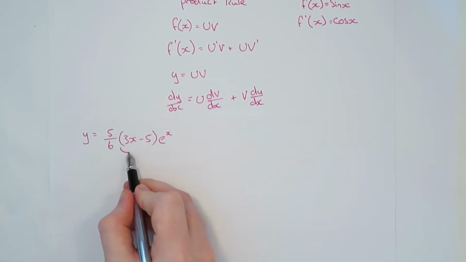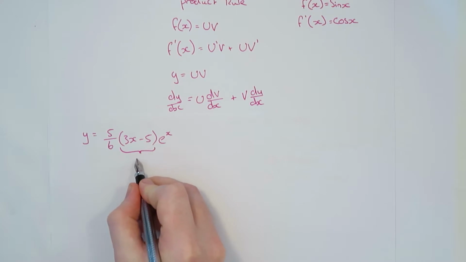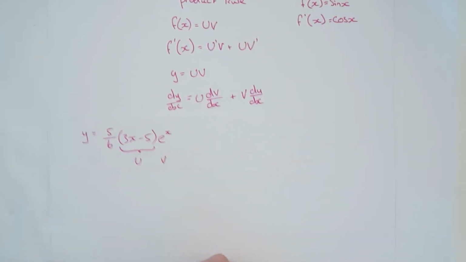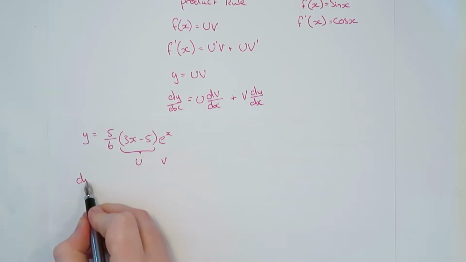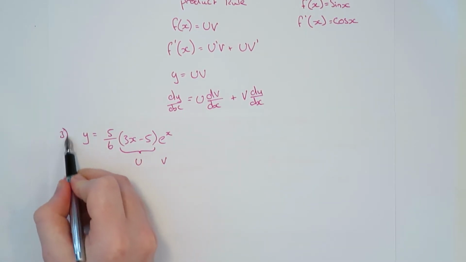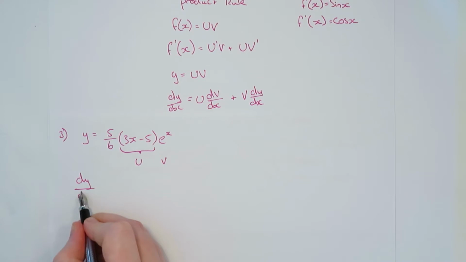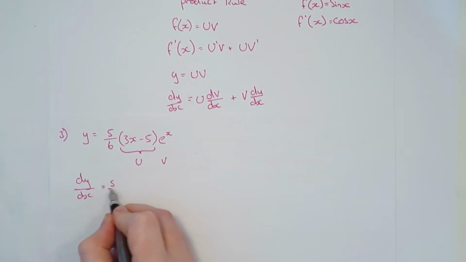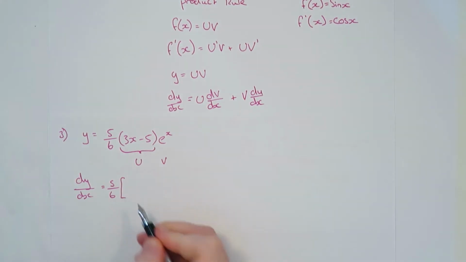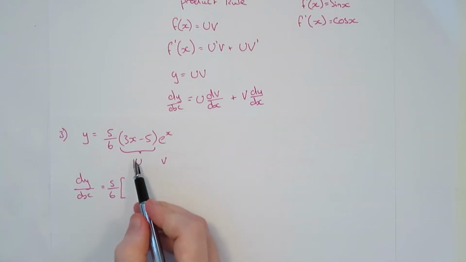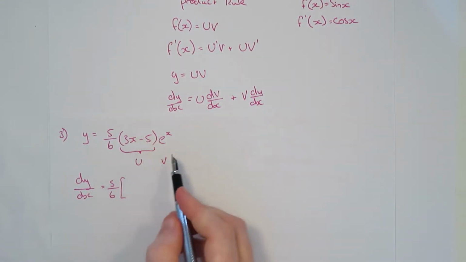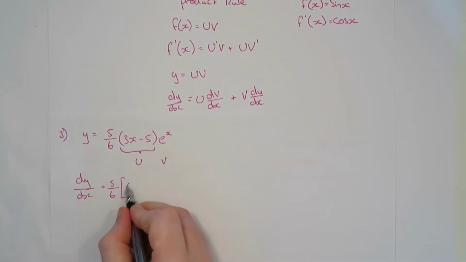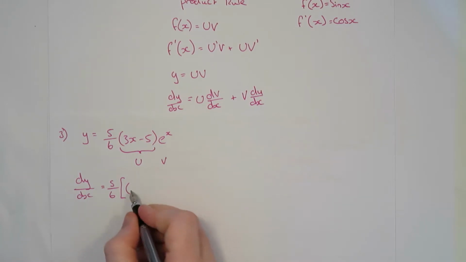So this term here I would pick as my u, and this term here would be my v. I just always have the first term being u. So dy by dx, I should point out this is question 3, would be 5/6 of, so we take u, multiply it by the derivative of v, which is exactly what's written there because the derivative of e to the x doesn't change.